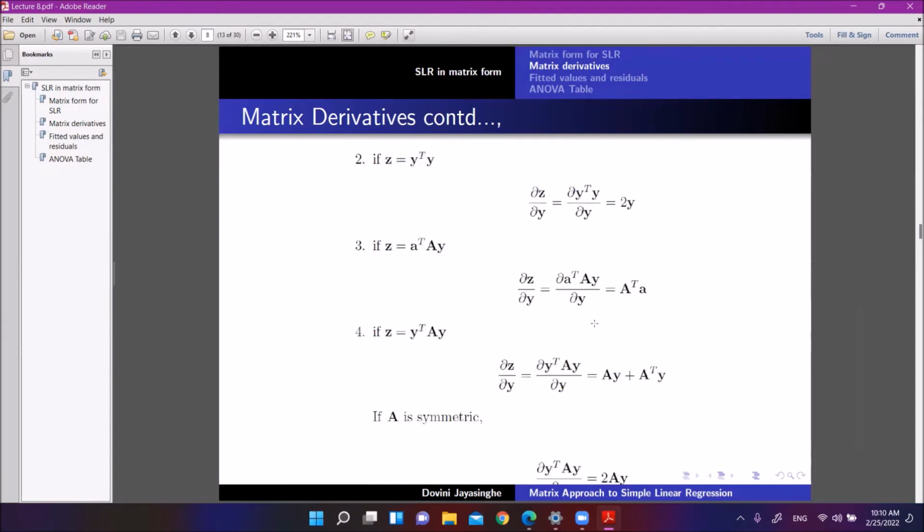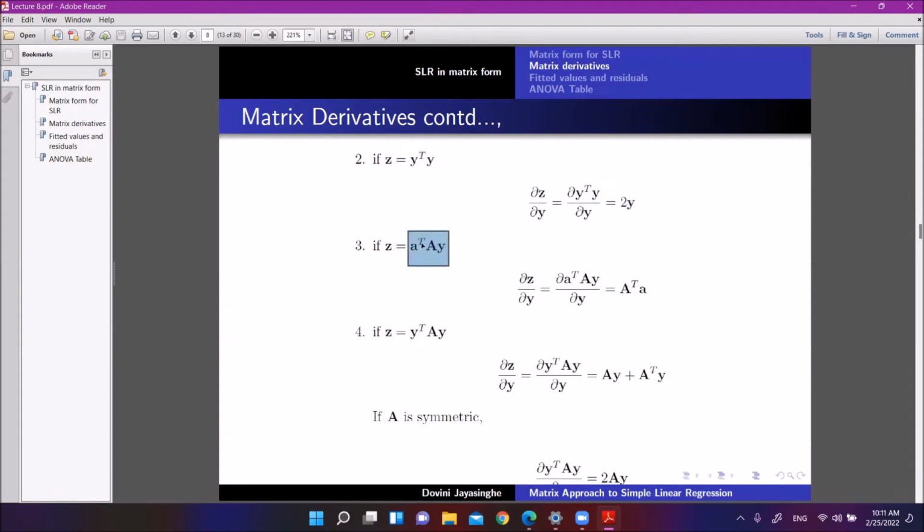This is an applied course. But if somebody is interested, you can make use of these things and try to prove the estimation formula of beta naught and beta 1 using the matrix approach. If we take this quantity y transpose y, these are vectors, and we take the derivative with respect to y, we get 2 times y.